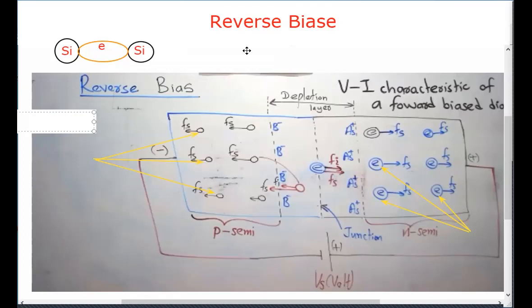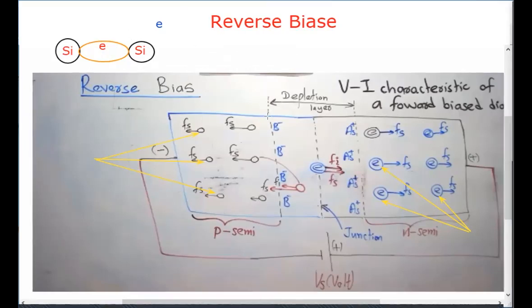Due to the heat energy, due to the rising temperature of the piece of silicon, it is possible to break this bond. Once a bond is broken, the electron leaves the bond.